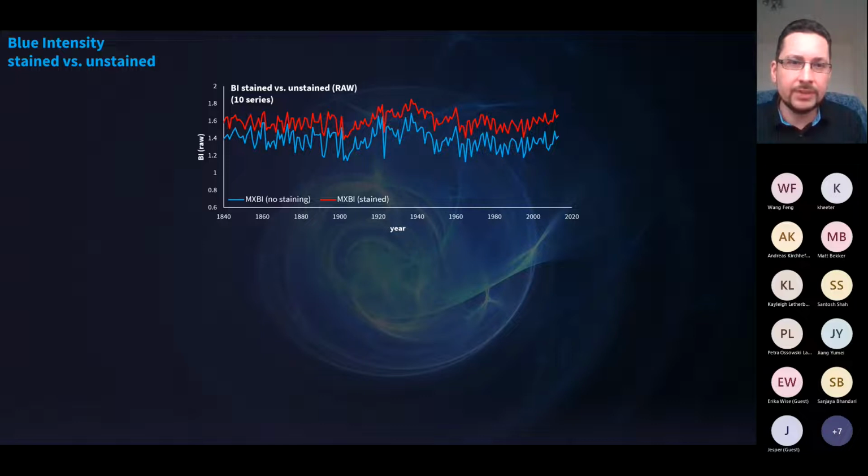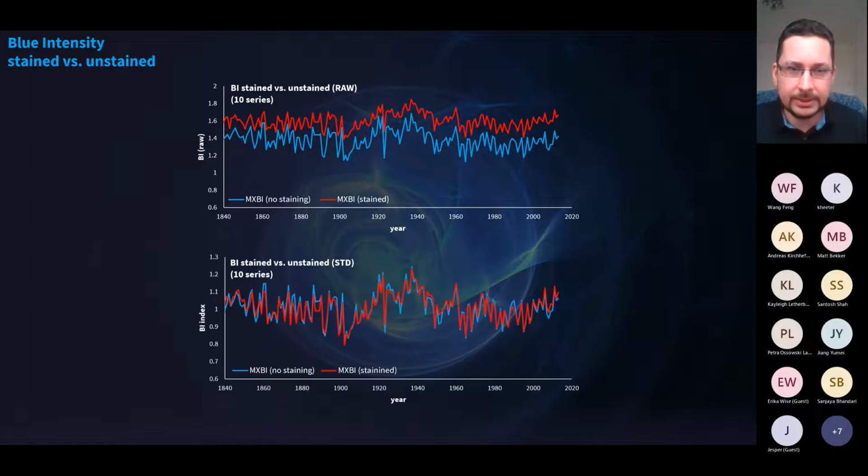Again, we have this offset of the stained and unstained. That makes sense, it's the same as what we saw in the surface intensity data. Then after standardizing, we see that we have a very similar chronology.